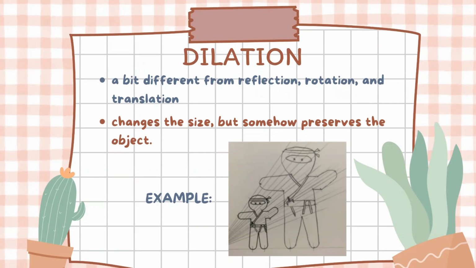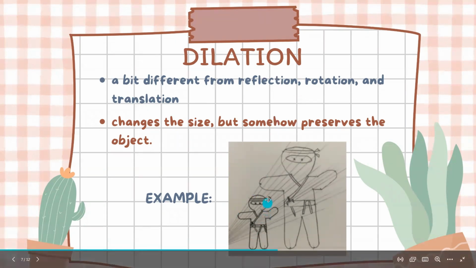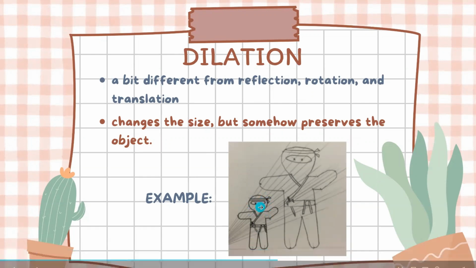But here, dilation, as you can see in the example, the drawing became big when dilated. It changes the size but somehow preserves the object. Of course, the look of the object is the same, but the size is different. The secret here is either enlarging or shrinking of the object, just like the example here.